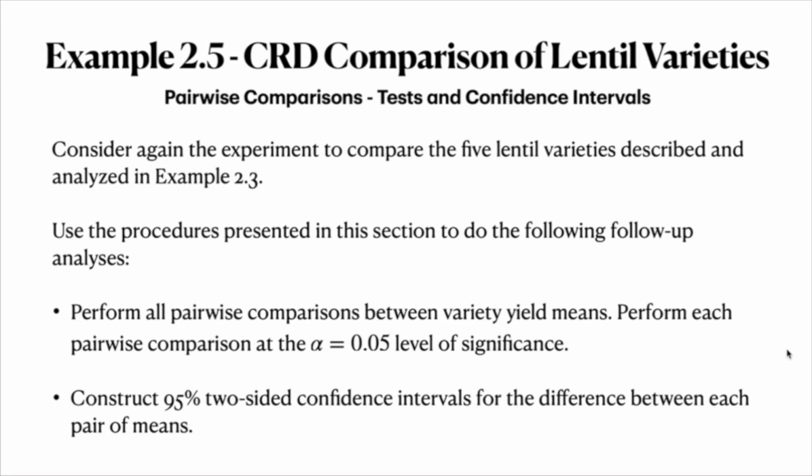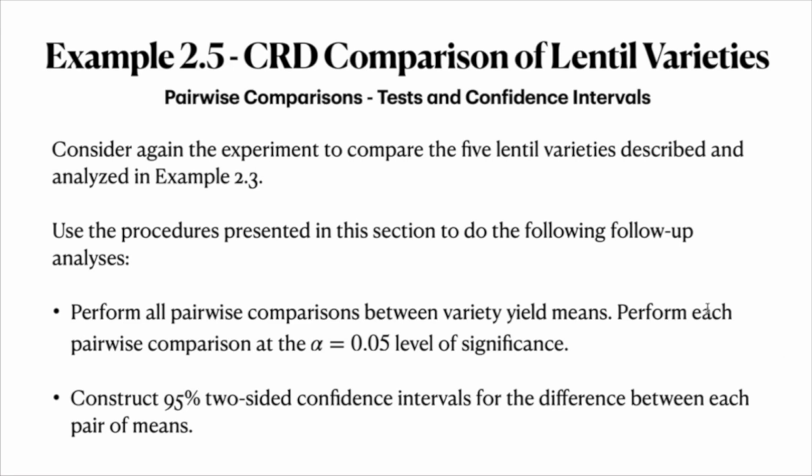In particular, perform all pairwise comparisons between lentil variety yield means. Perform each pairwise comparison at the 0.05 level of significance. Now there are 5 varieties, and so there are going to be 10 pairwise comparisons. And in addition to that, remember that we don't just test hypotheses, we always want to construct the appropriate corresponding type of confidence interval.